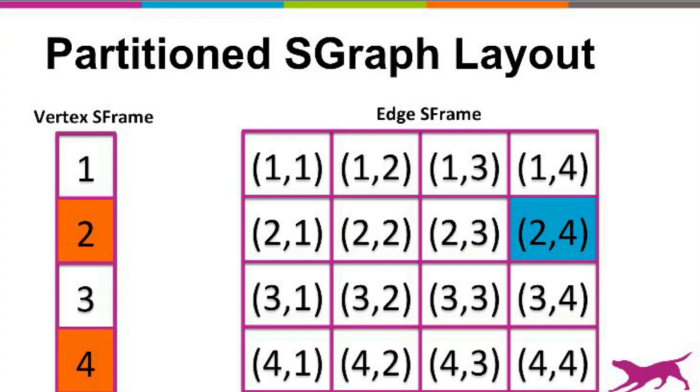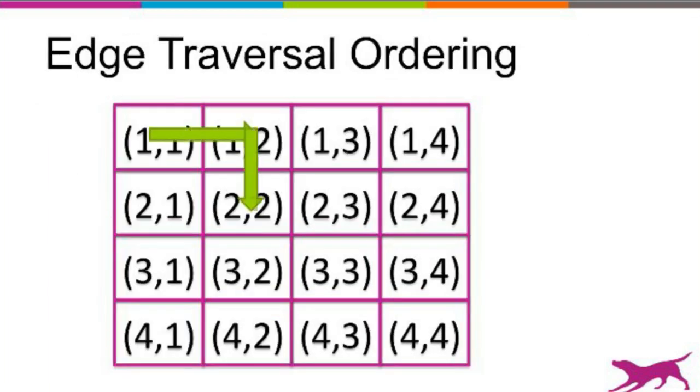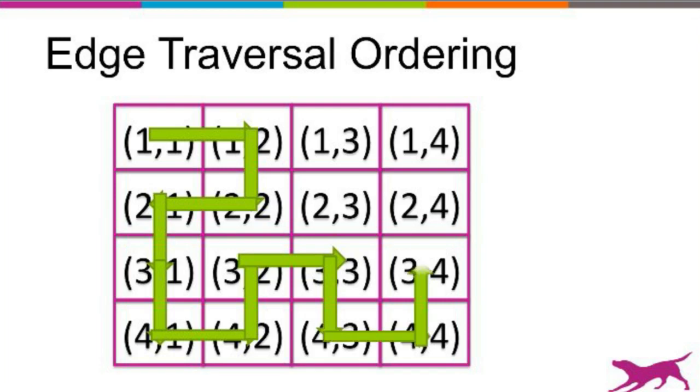And then you just load the next subgraph, which may be like (3, 4), and then you unload vertex partition 2 out of memory and load 3 back in. So this requires swapping the vertex data a little bit. And we use a clever traversal ordering called the Hilbert curve to work across the edge partitions to minimize the vertex data swapping and disk I/O.